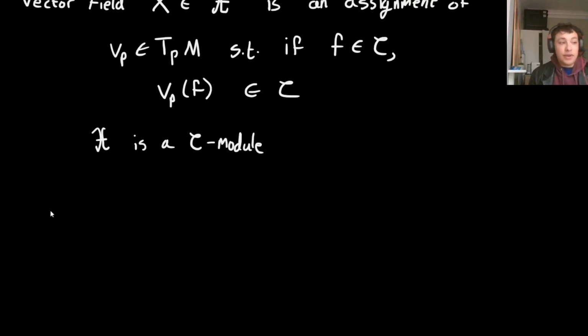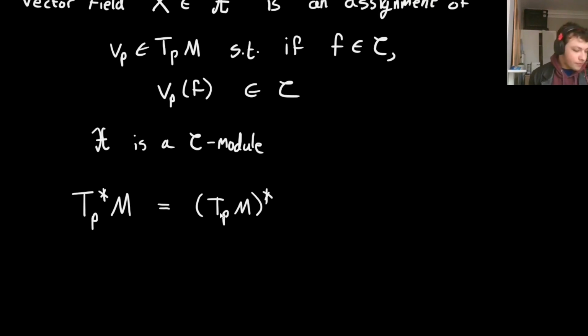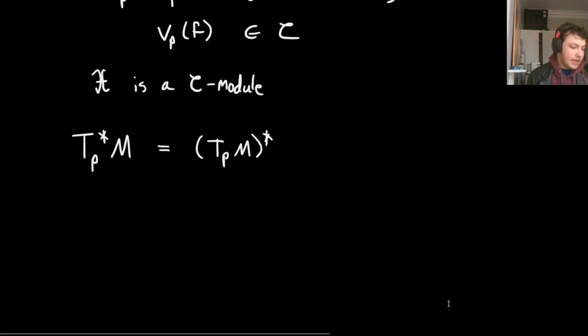And so then you get associated spaces. You get T_P star M, which is just the dual to T_P M, and you get tensor products.